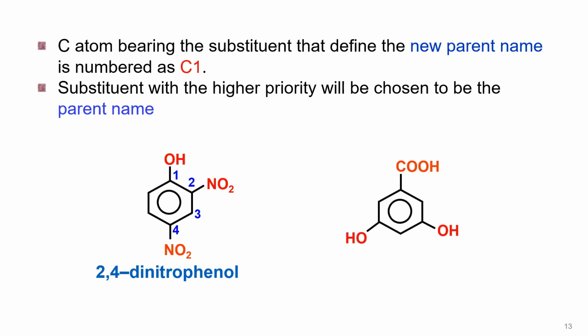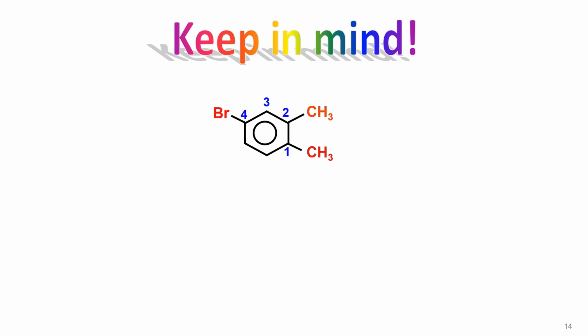Second example: COOH has the highest priority to be the parent name, so carbon 1 is the carbon that contains COOH. Alcohol is the substituent at carbon 3 and carbon 5. The IUPAC name is 3,5-dihydroxybenzoic acid.